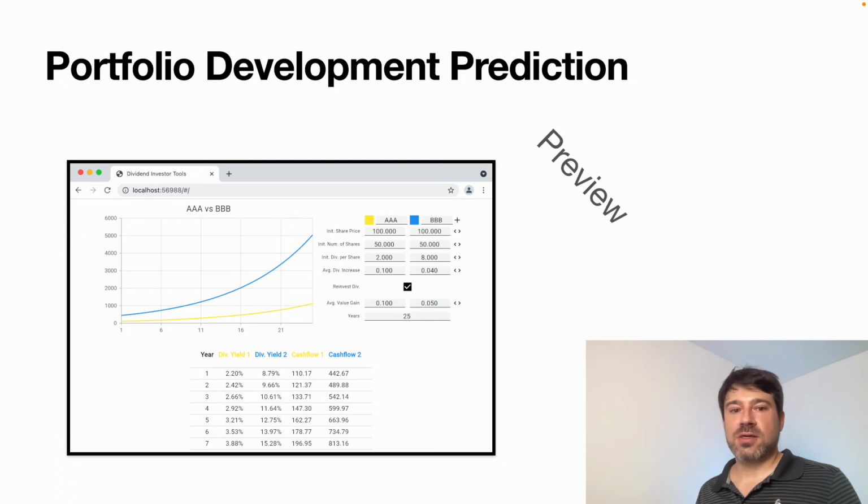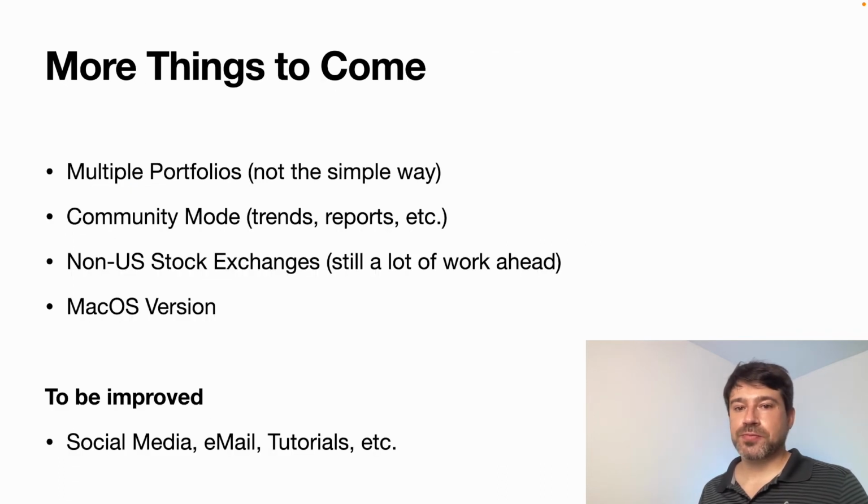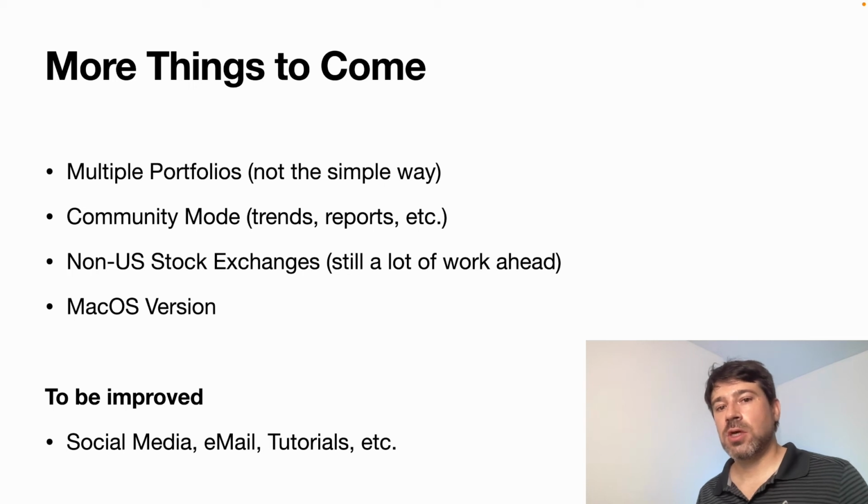And there are some more things on our list. For example, we had the request to support multiple portfolios. And there is the issue that I don't want to do it the simple way. The simple way would be to have a menu where you select a certain portfolio. But I don't like this idea. I fear that it will disturb the flow of the entire application, and that's not what I want.